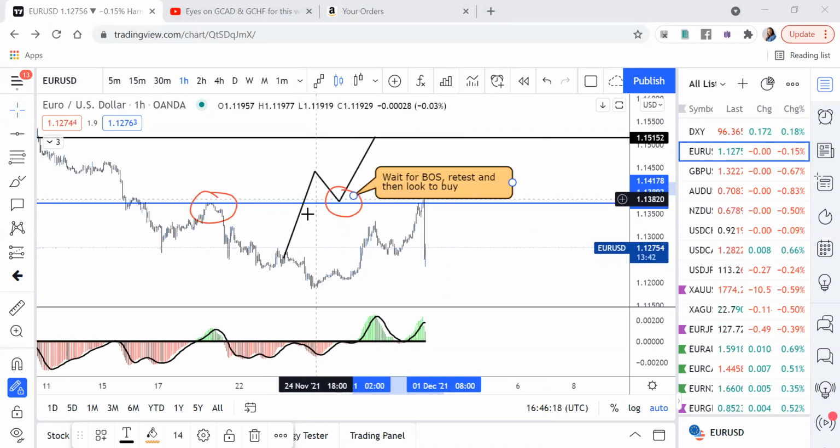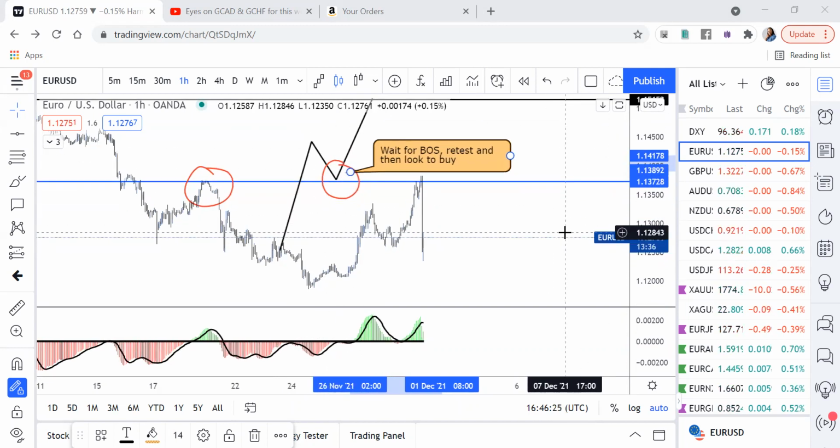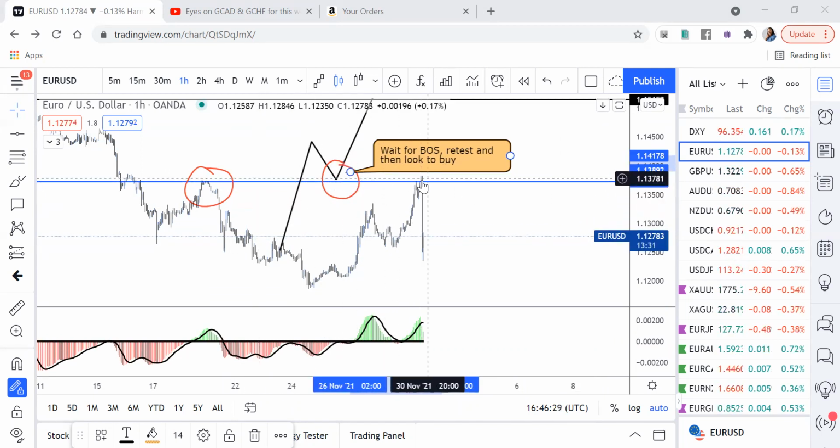But definitely waiting for break of structure and retest here for the 1 hour time frame before I enter my buy. So nothing on Euro USD for right now, but we can see that price came up to the high, tried to break, failed, and we will wait again to see what happens when price comes back up to that zone.